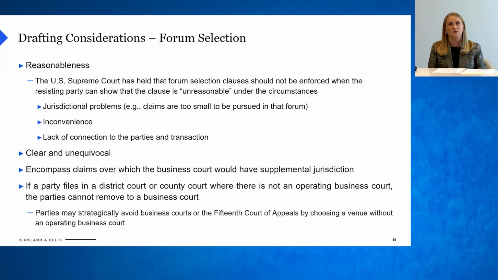So if the parties are desiring not to litigate in a business court, they could choose a jurisdiction where there is not a business court, because you will be unable to remove a case from a district or a county court where there's not an operating business court into a business court. So that's also something to pay attention to when you're drafting agreements.